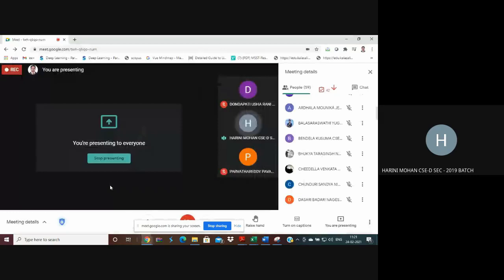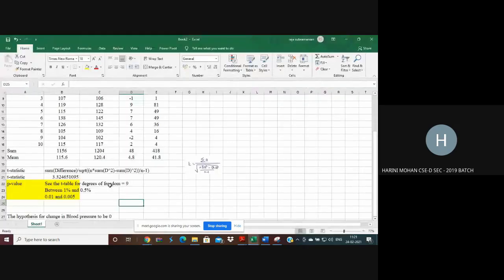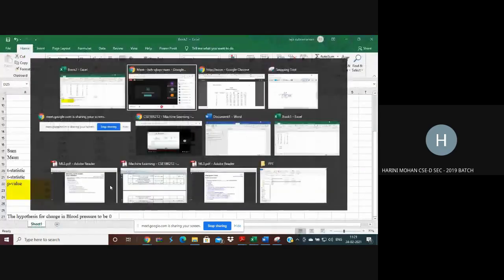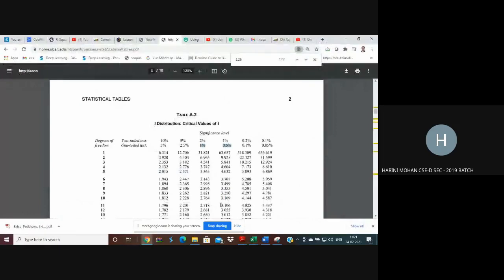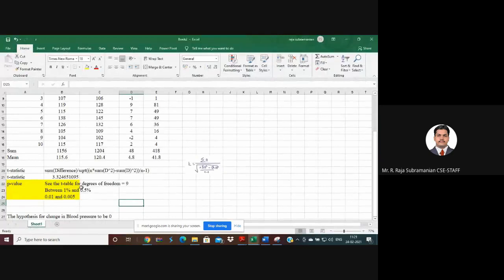Yes. The t-calculated value is 3.32. We should take between 3.2 and 4.5. Oh, sorry, I took 3.2. Sorry, I thought it is 3.2, less than that, right? So from 3.25, it is actually 3.32.